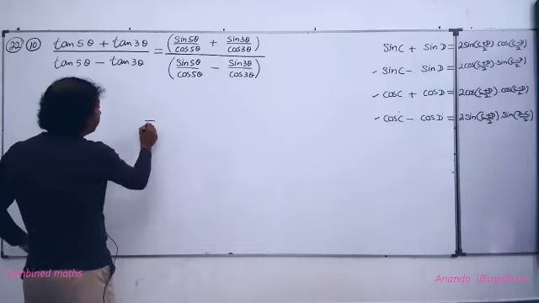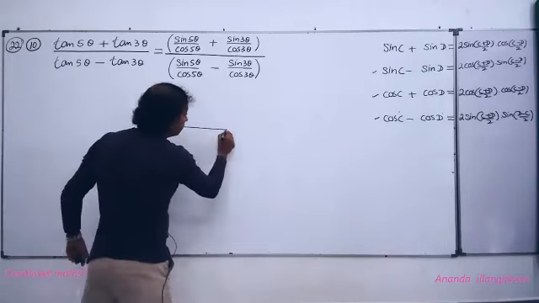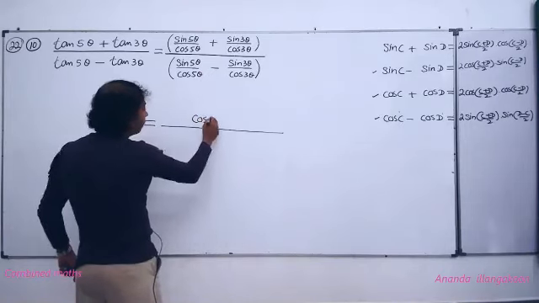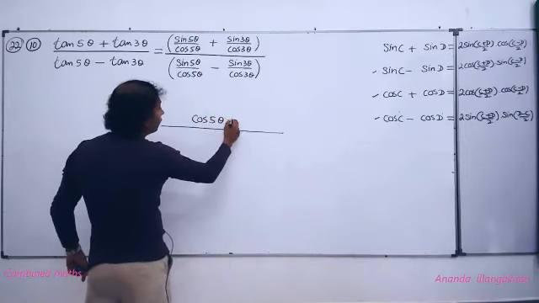Take that, people, now. Here, cos 5 theta into cos 3 theta.